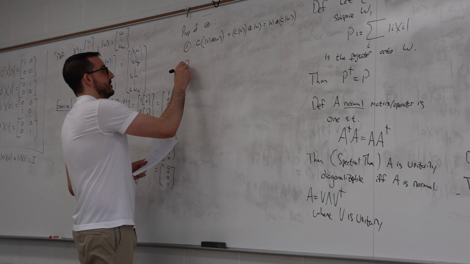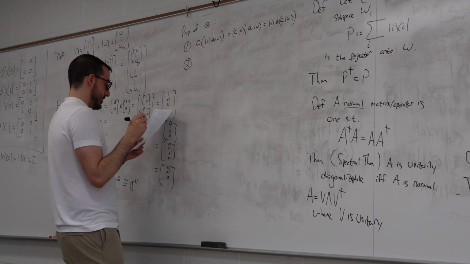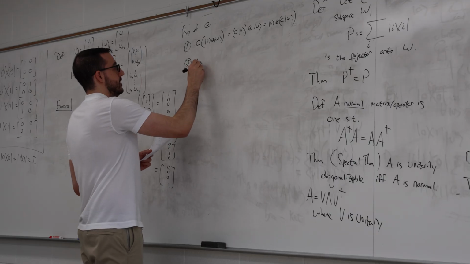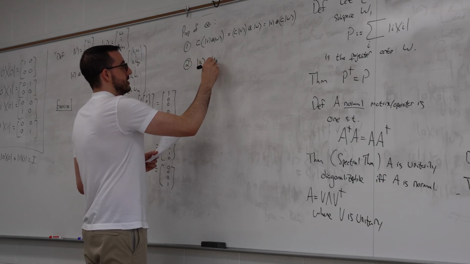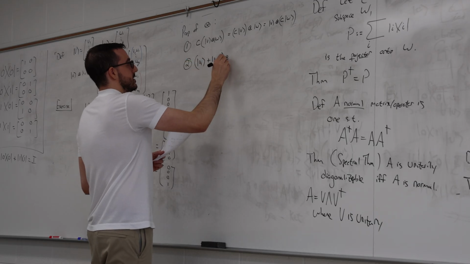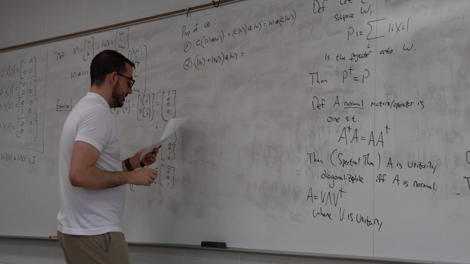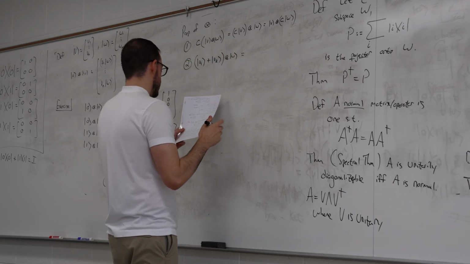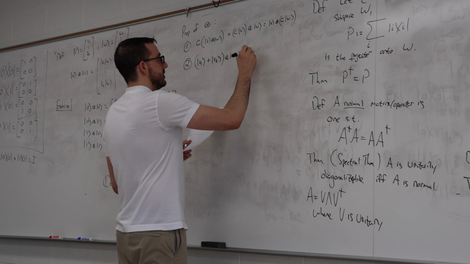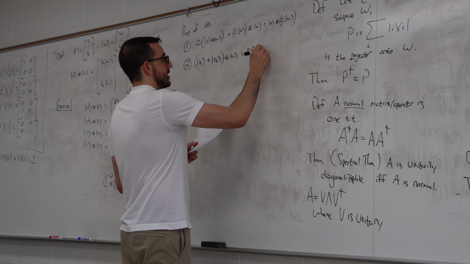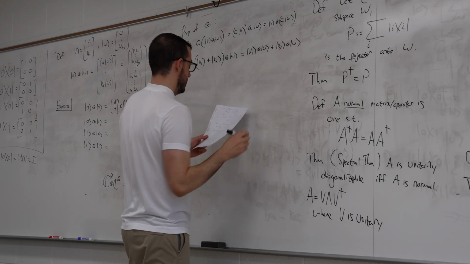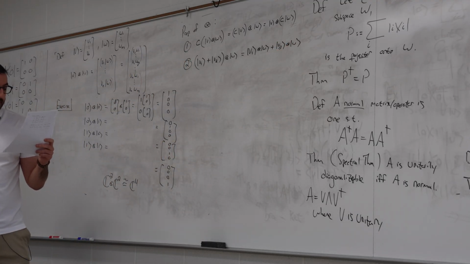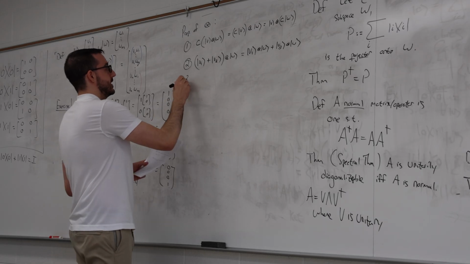The second property is concerning the sum of two vectors, v1 plus v2, tensor W. This has a distributive property, so you'll be able to write this as v1 tensor W plus v2 tensor W. Very nice property to have. The same thing will be true on the right-hand side.